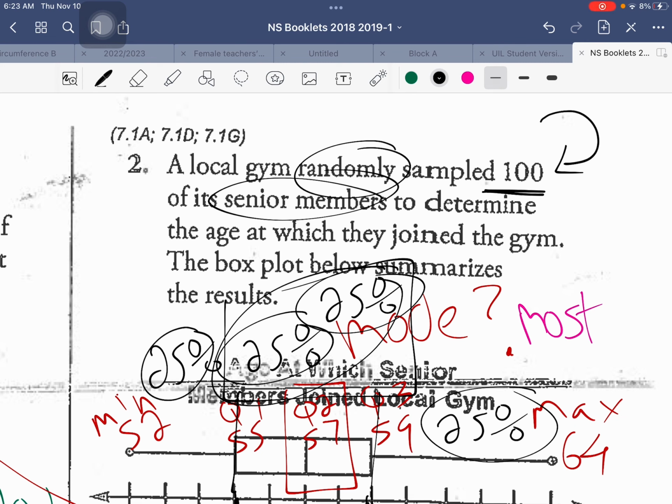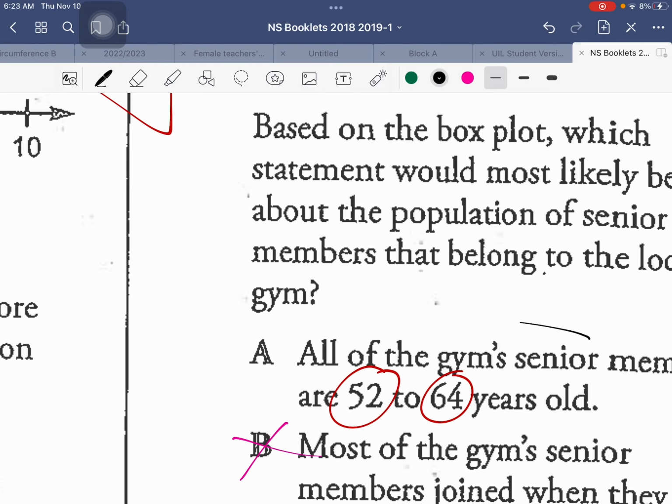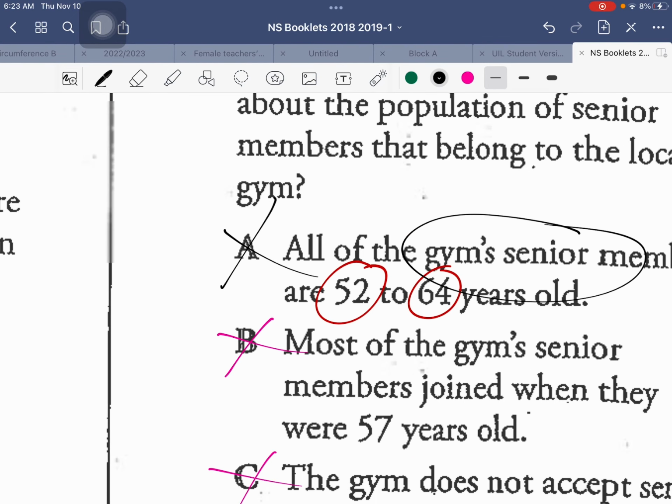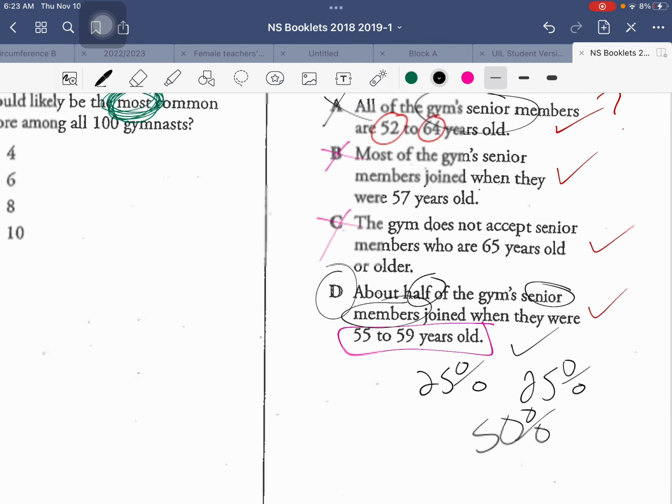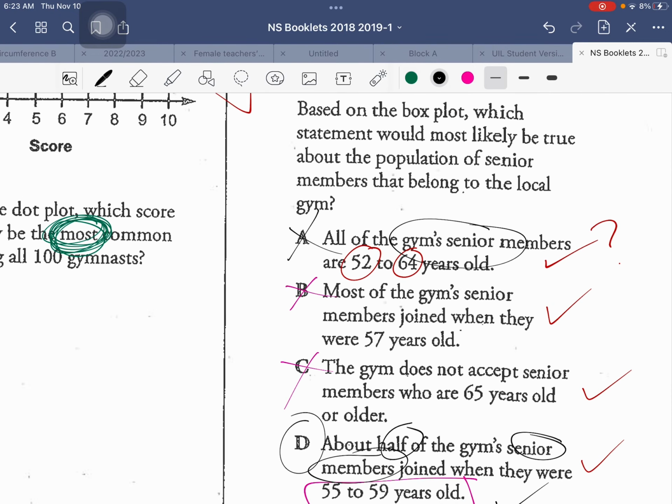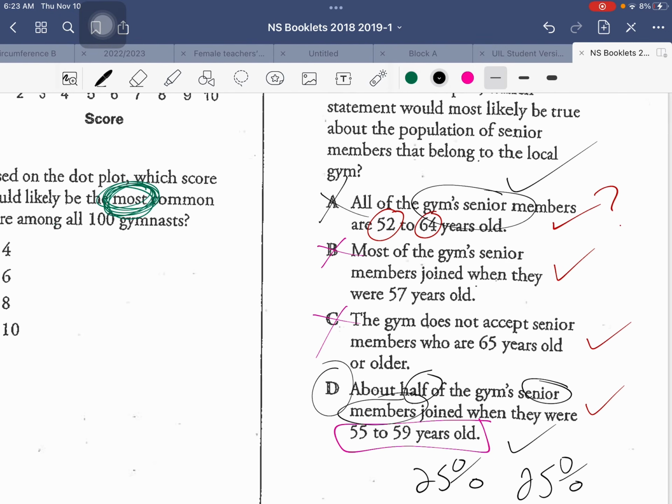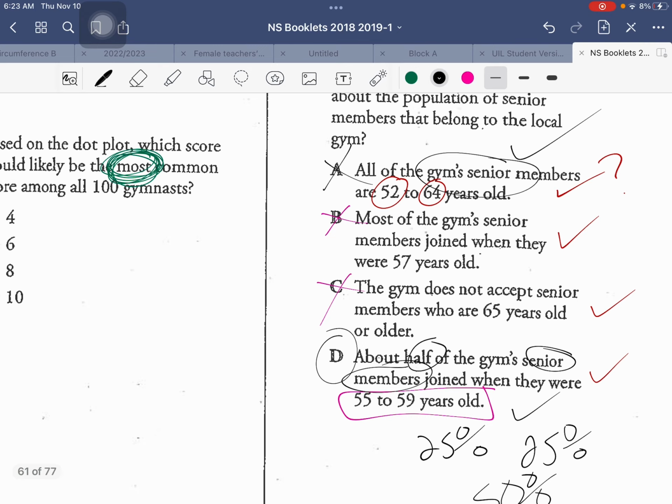But there could be more, right? Because it's randomly selected. So maybe they just didn't choose the people that were older or younger. So all the gym senior members, there's no way to know that. D is your correct answer. So I apologize, guys. Pero yeah, this one's the correct answer. Perfecto.